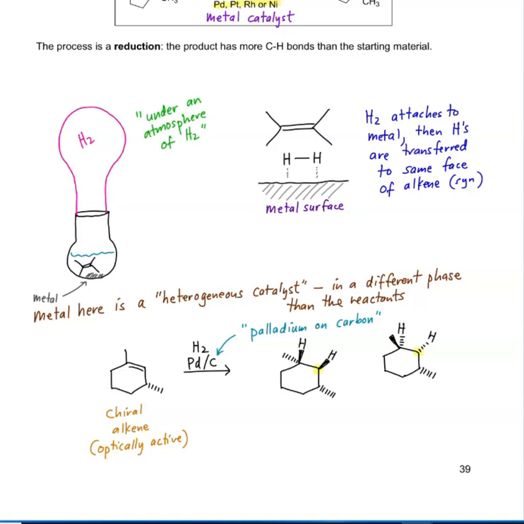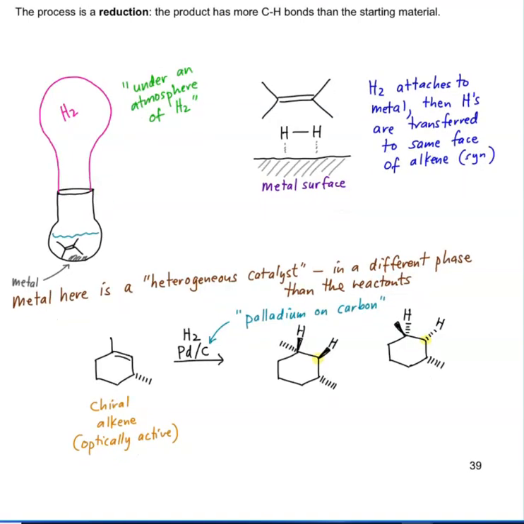And so if we redraw these to clean things up, because remember we don't always have to draw hydrogens, we redraw the products. That makes it easier to see that what we have is a pair of diastereomers.